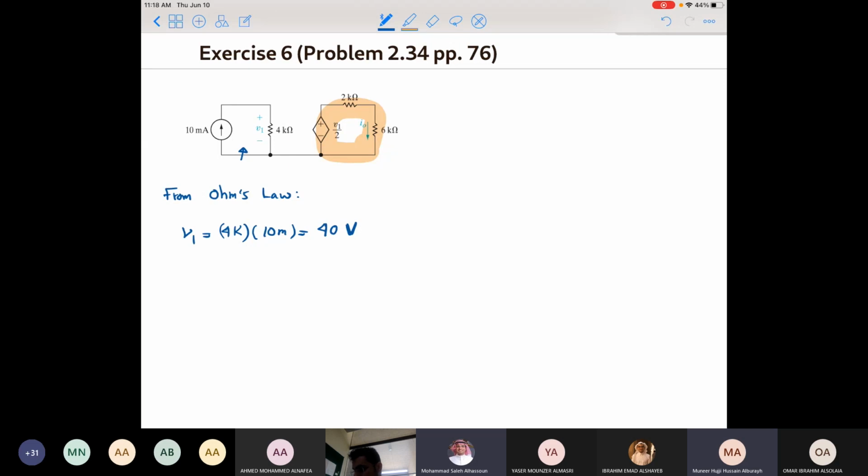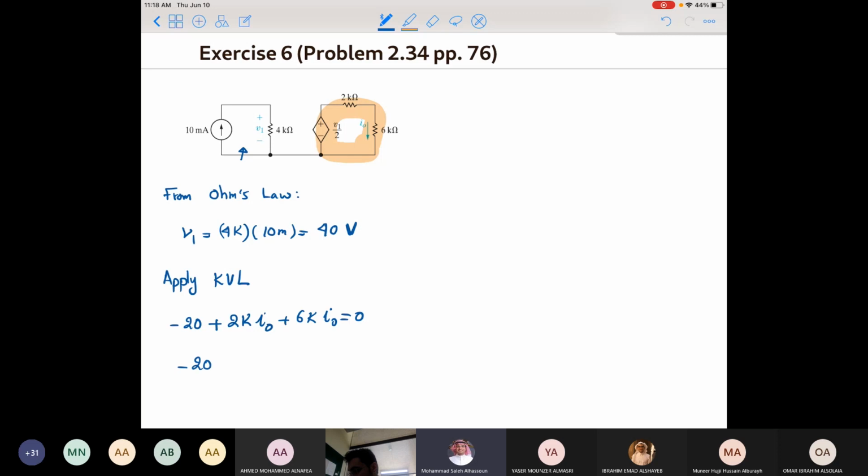By applying KVL. So let me lump all of these steps in one step. Applying KVL, it's going to be minus 20 plus 2K multiplied by I naught plus 6K multiplied by I naught equals 0.